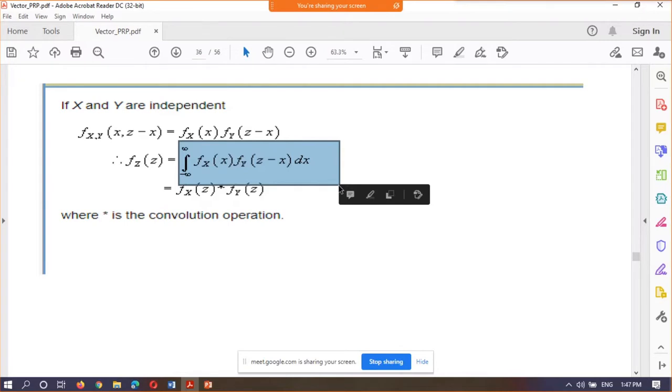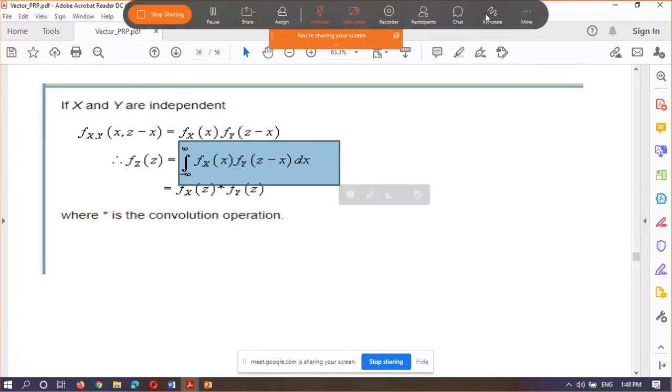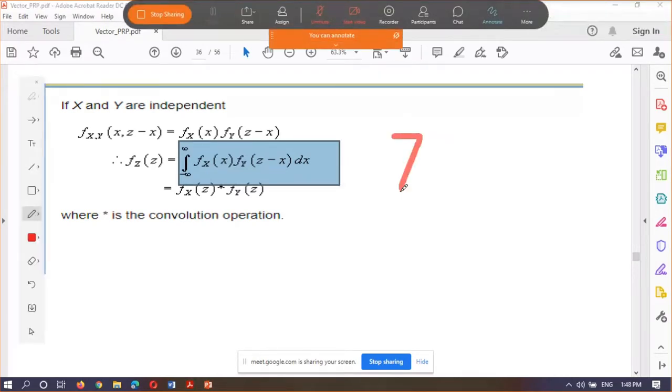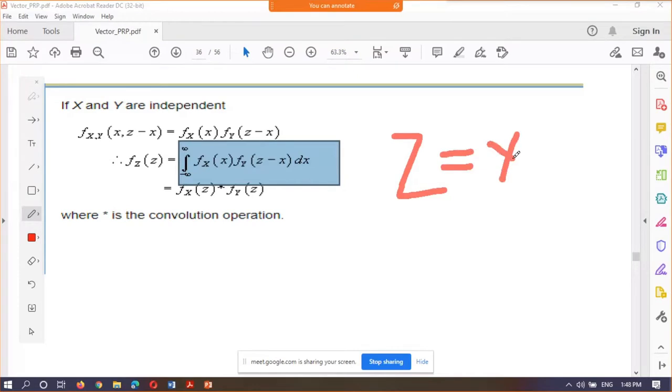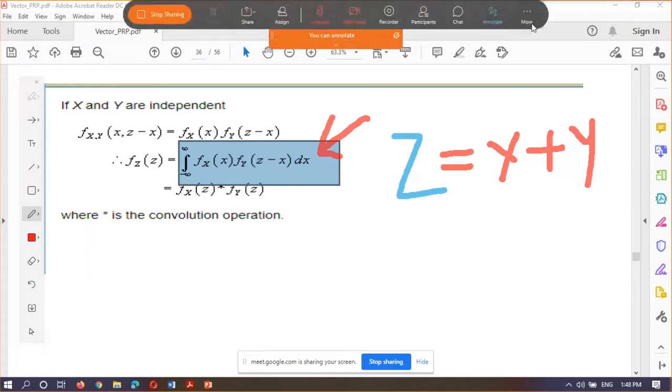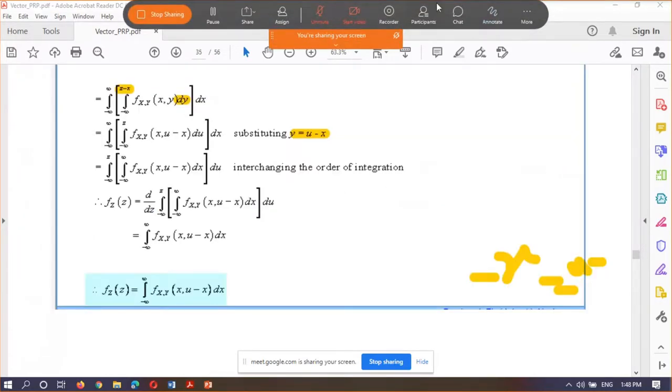But this is true only when x and y are independent. So if your transformation is z equals x plus y, and x and y are also independent, then this integration gives you the density function of the new random variable z. If they are not independent, then you have to use the other formula.